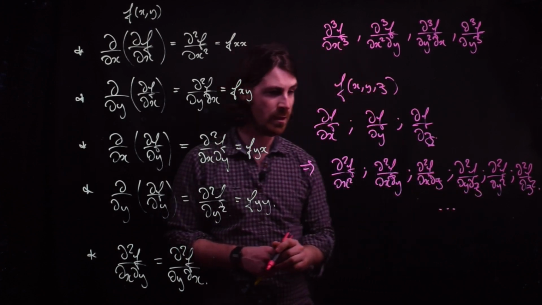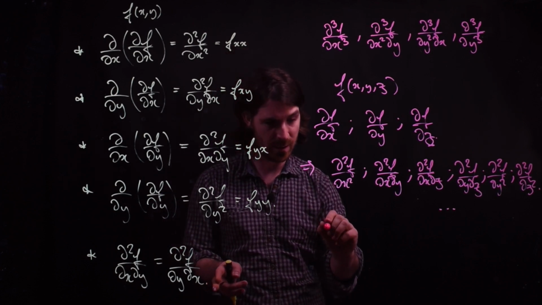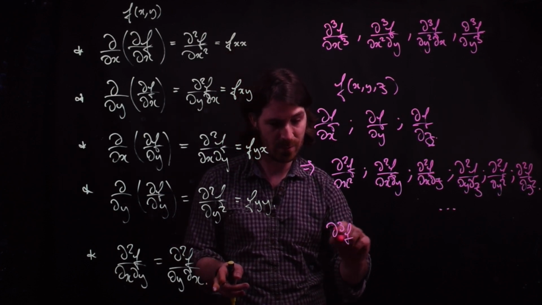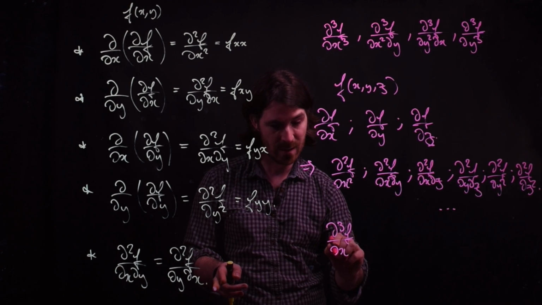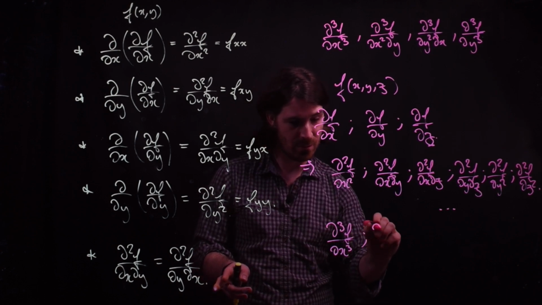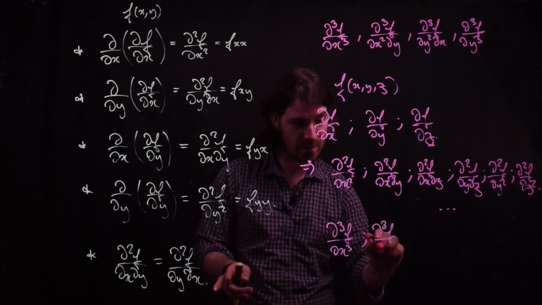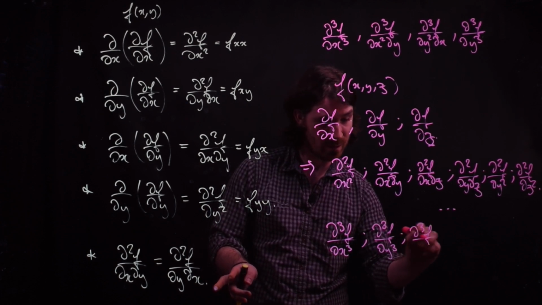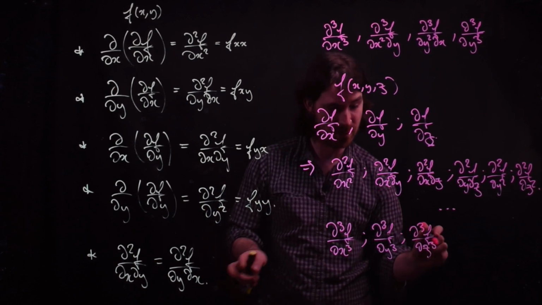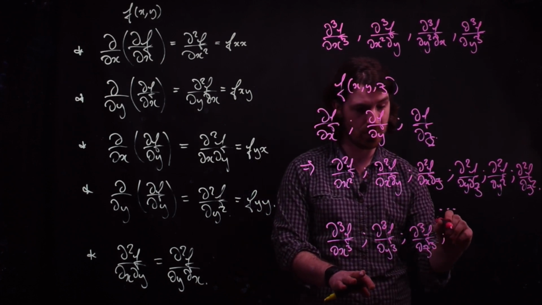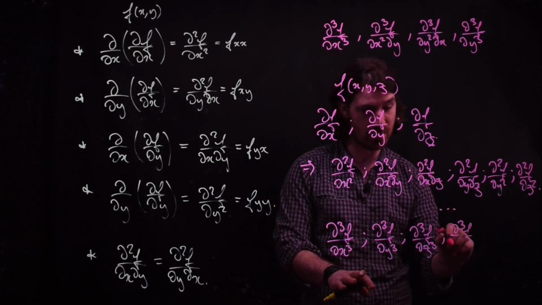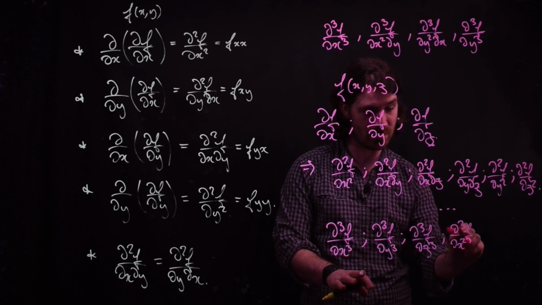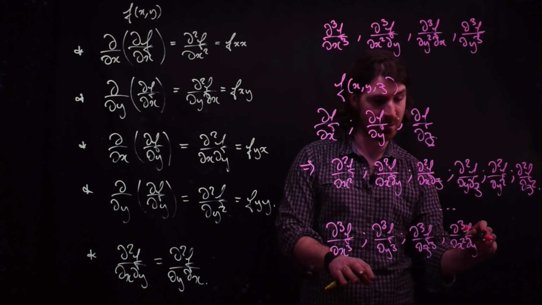This goes on, and you can have d3f by dx cubed, d3f by dy cubed, d3f by dz cubed, and then all the mixed terms, d3f by dx squared dy, etc. Keep going.